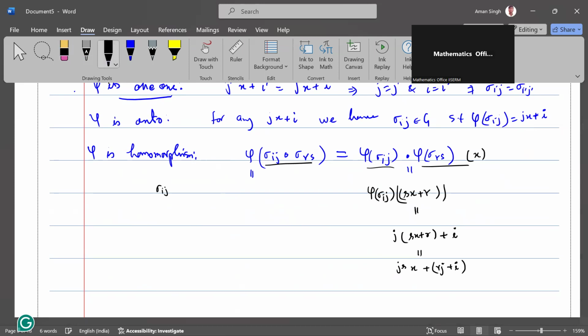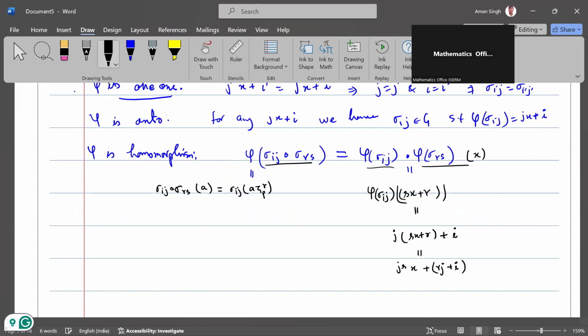Sigma_ij composite sigma_rs applied on a. This implies that sigma_rs applied on a becomes a zeta_p to the power r.